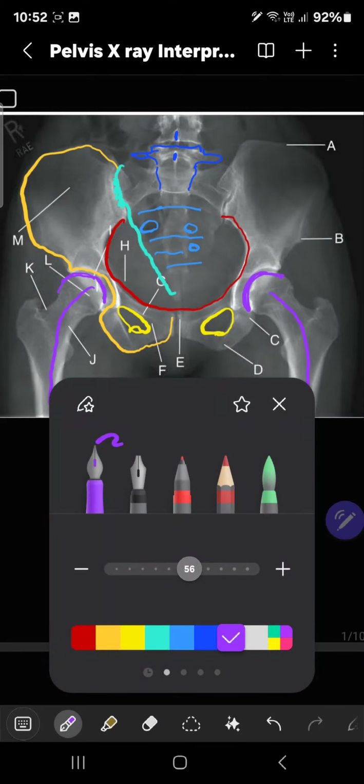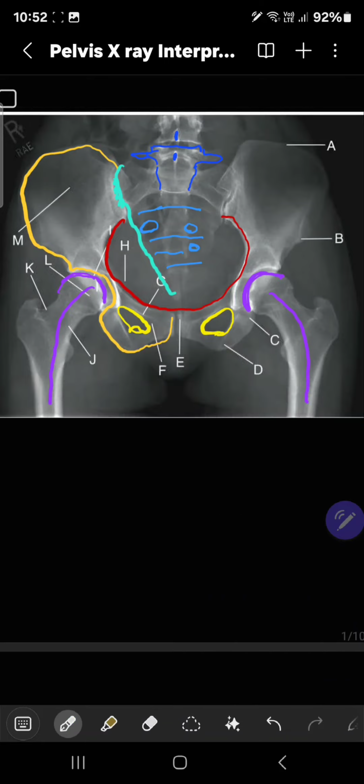Number eight is the medial border of the femur bone, and this line is called the Shenton line.